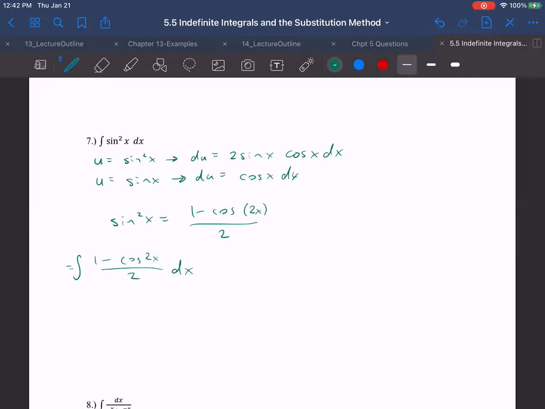And then I just say here, u equals 2x, and then du equals 2 dx, right? And then this becomes the integral of 1 minus cosine of u, and then I've got a 2 here, and this is du over 2.